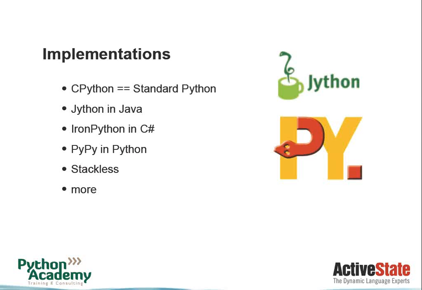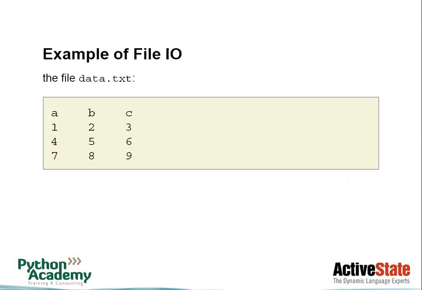There's PyPy, which is Python implemented in itself, which is a very interesting project now that they're just getting from the research stage slowly to the production stage. And there's Stackless, which is a different kind of implementation of CPython that allows very, very many actors or parallel processes in Python.